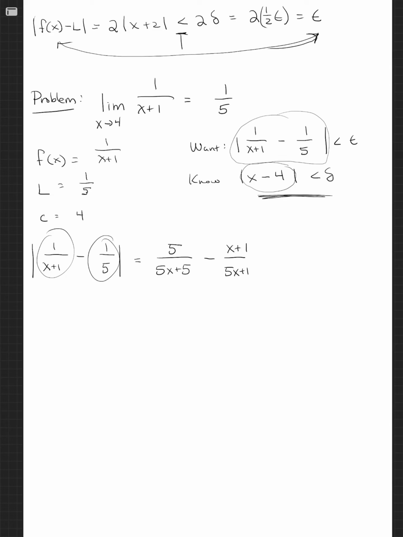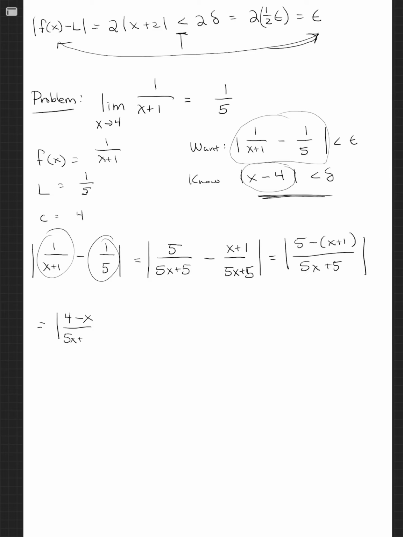Right, so we multiply top and bottom by 5 on the left, and then we multiply top and bottom by x plus 1 on the right. So we get 5 minus x plus 1 all over 5x plus 5.